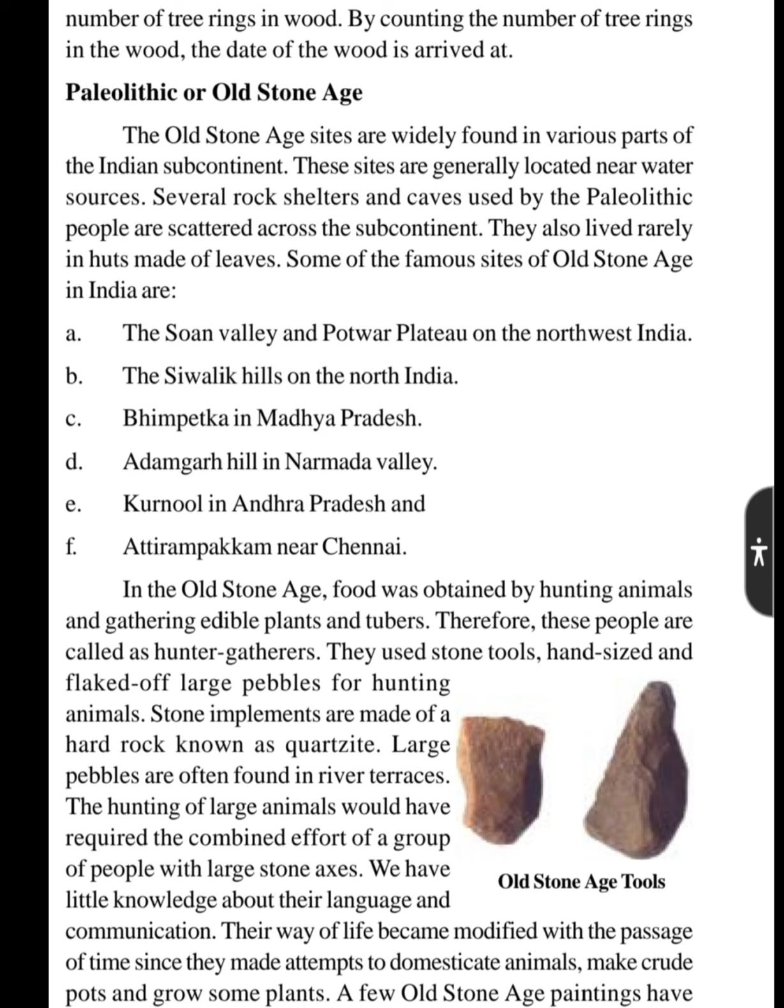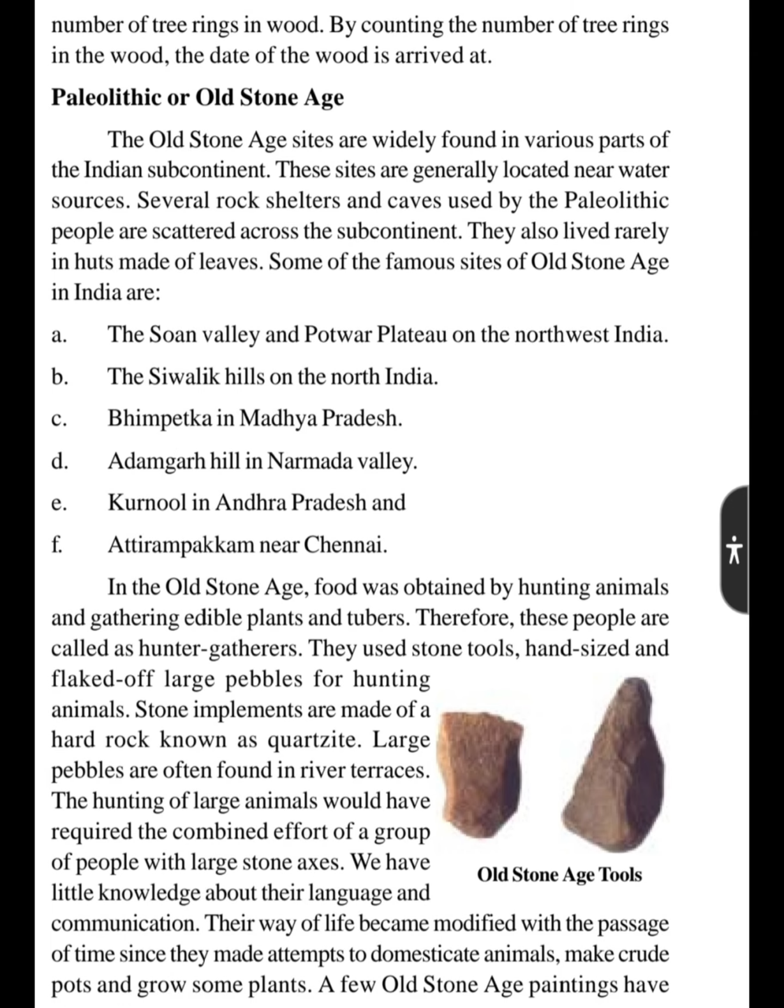Large pebbles are often found in river terraces. The hunting of large animals would have required the combined effort of a group of people with large stone axes. We have little knowledge about their language and communication.